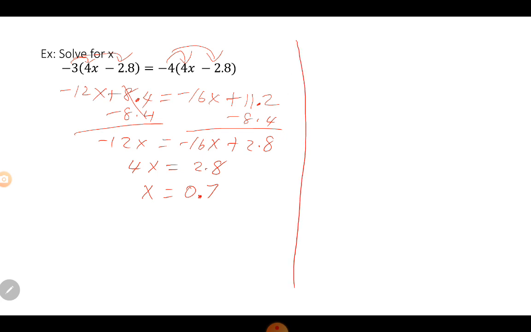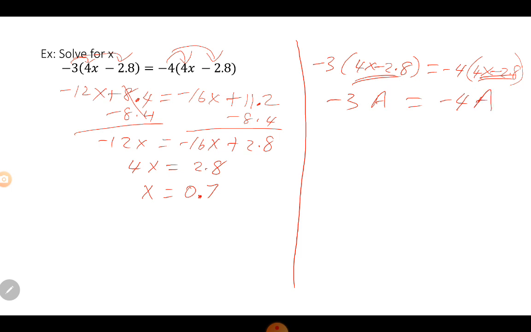Okay, we can do this also in a different way. So now if we look at this equation, if we observe that these two amounts that are in the parentheses, they're both the same, right? This and this is the same. So in other words, this is saying minus 3 times some amount is equal to minus 4 times the same amount.